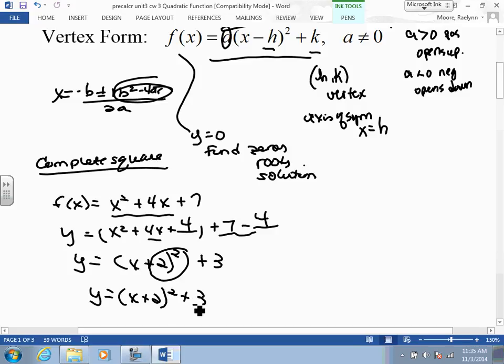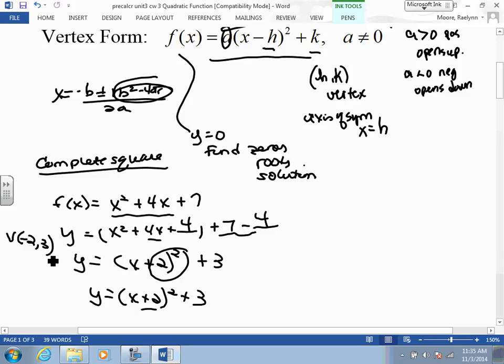Can you find me the vertex now? Take it out the opposite way. Because which way would we go with the plus 2? Which way would we graph this? To the left, right? So it comes out the opposite way, -2, but the k stays the same, 3.